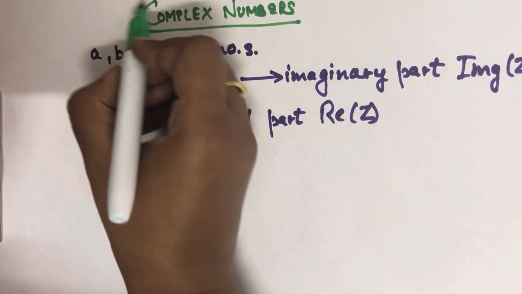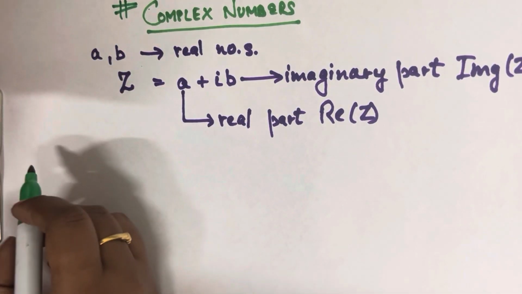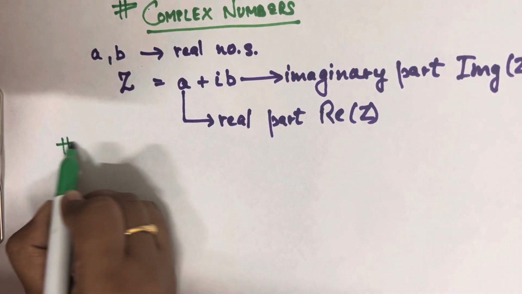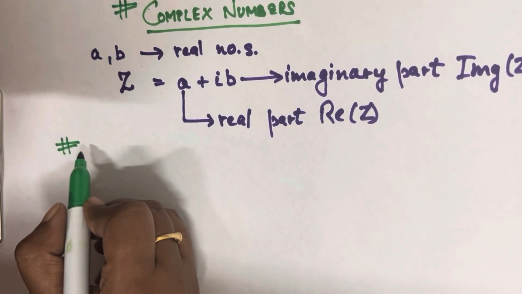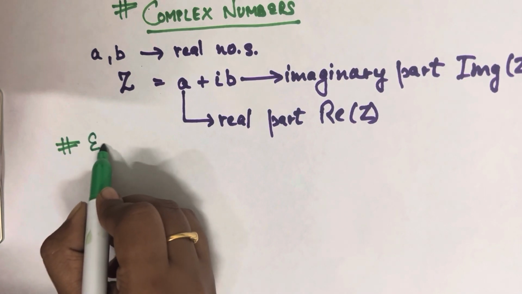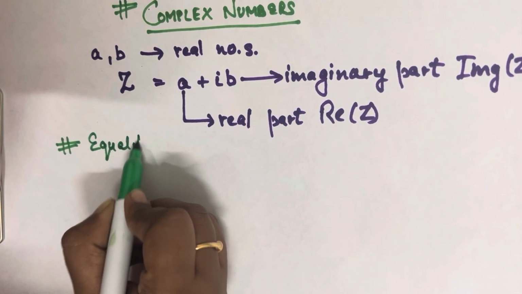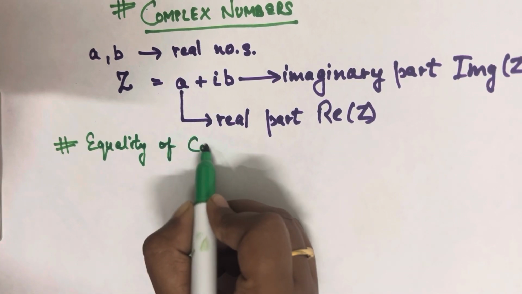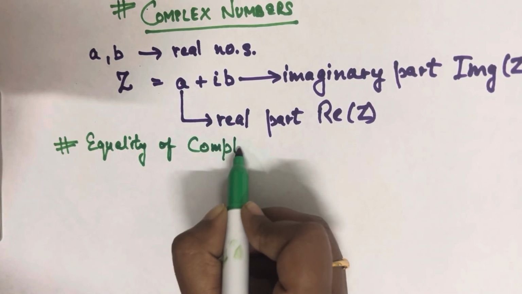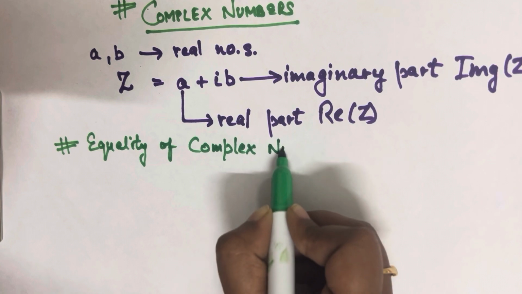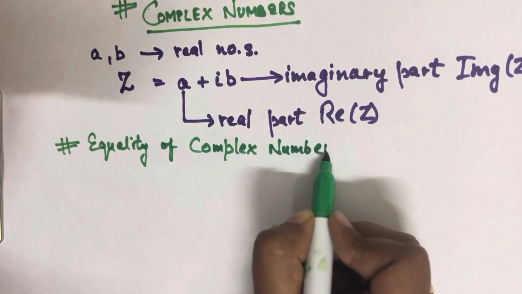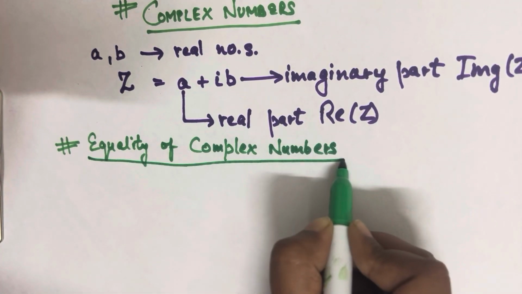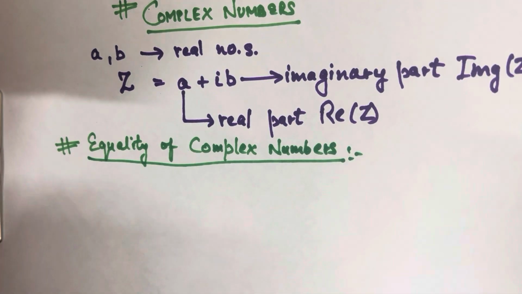Now that we know what complex numbers are, let's talk about the equality of complex numbers. That is how we are going to equate two complex numbers.